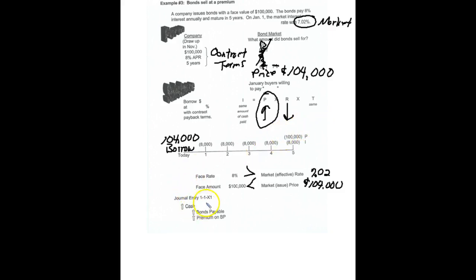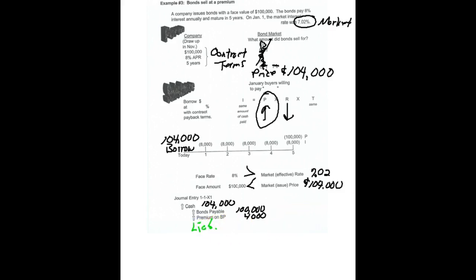Okay, so then our journal entry, we actually get $104,000 for the bond. We put the face amount, the contract amount of the bond, principal. And this time to balance, we have a premium. And that premium on bonds payable is actually an additional liability account.